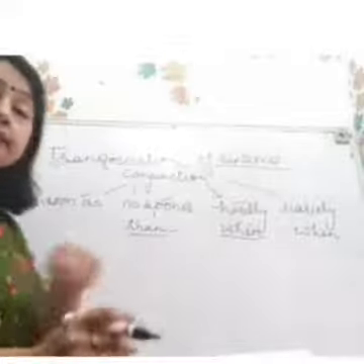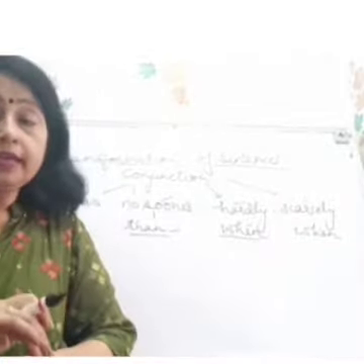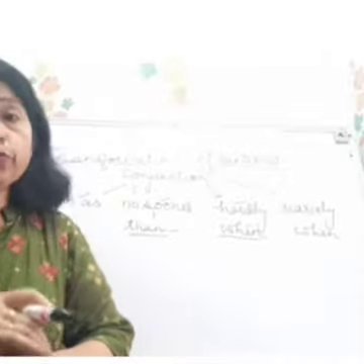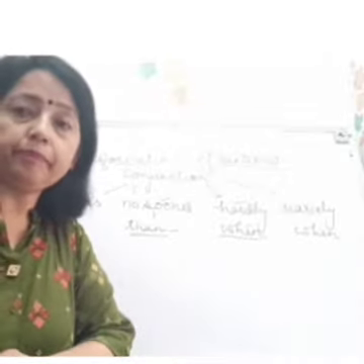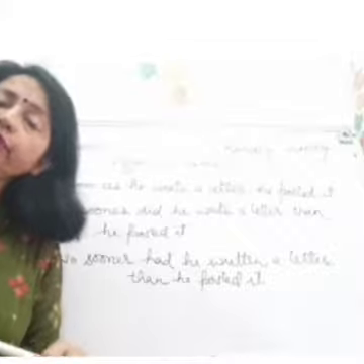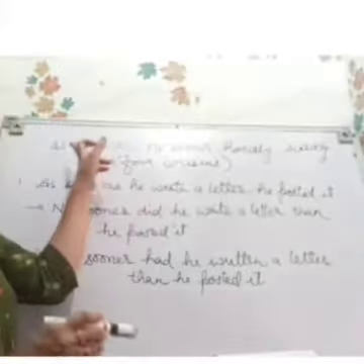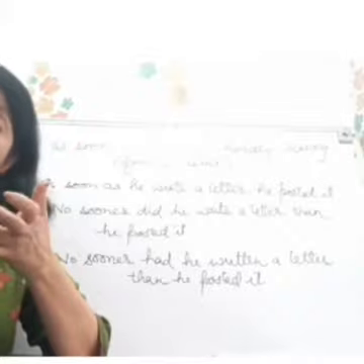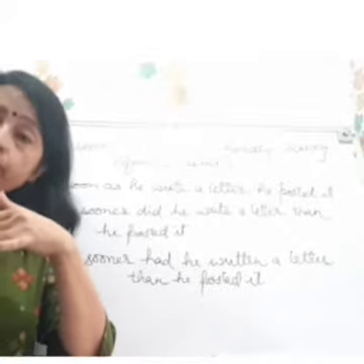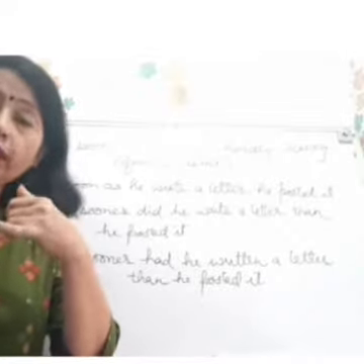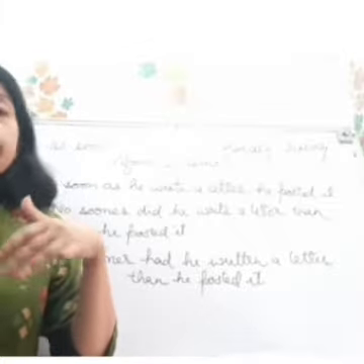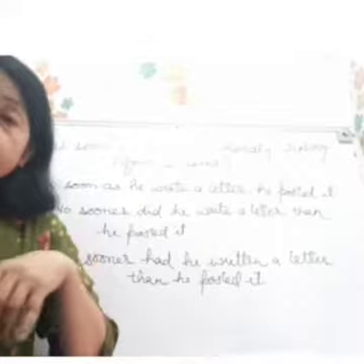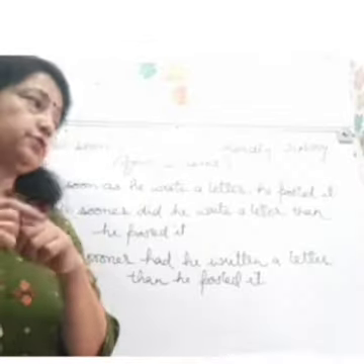Now let us do it by taking an example. Then it will be easy for you to understand. Clear? Now see the very first example, that is by using as soon as. When the sentence begins with as soon as and you are asked to change it with the help of the conjunction no sooner, what should you do?